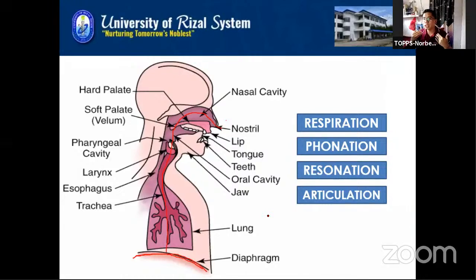Respiration is when you breathe in the air. And then when you breathe out, in the phonation stage, you are producing a weak sound, and in the resonation stage, it strengthens the sound, and in articulation, it makes the sound more distinct. Hence, we are now able to produce more distinct words.